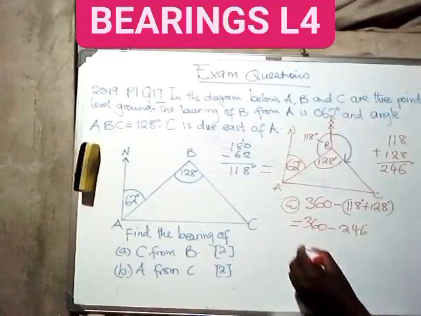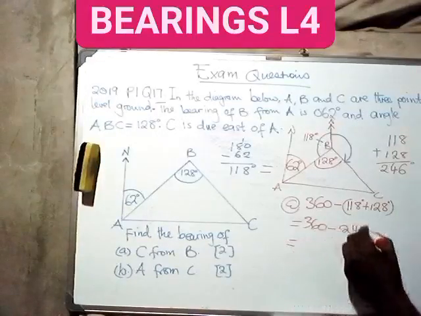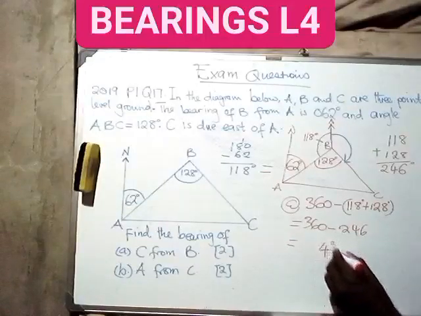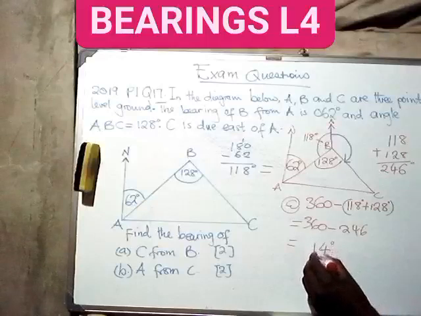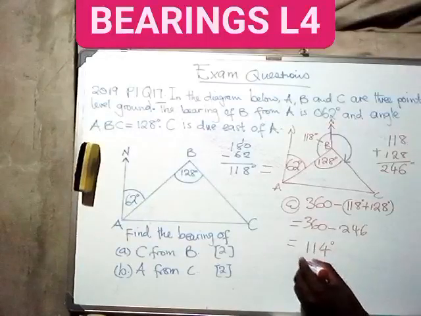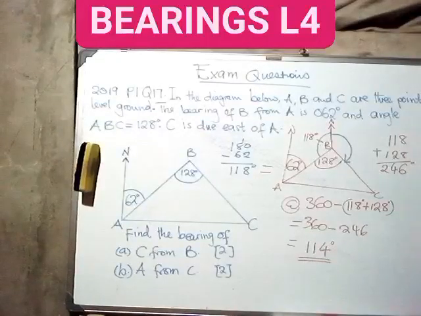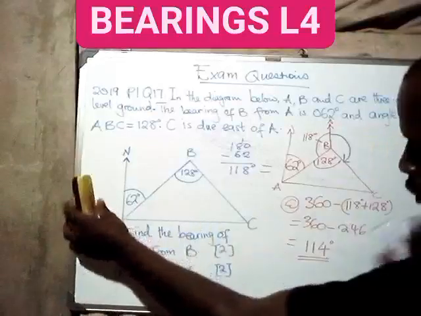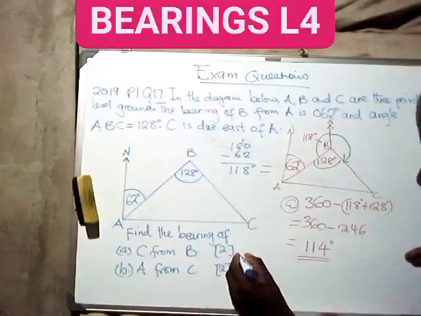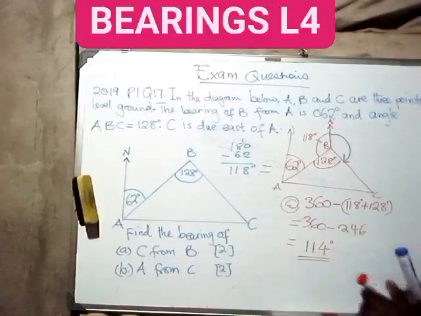What answer are we going to have? 10 minus 6 we get 4, 5 minus 4 we get 1 and 1. 114. So this means that the bearing of C from B is 114. So 114 is the answer for this question.